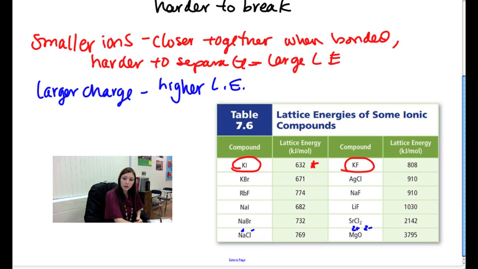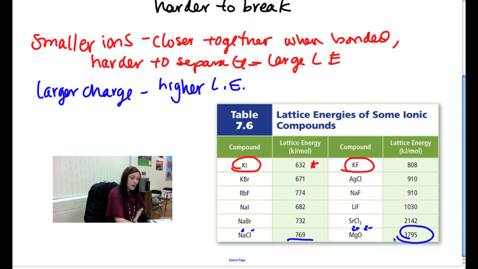So MgO is much harder to separate than NaCl. I have to put in almost 3,800 kilojoules, joules being the unit of energy, to separate MgO, whereas for NaCl, I only have to put in 769 kilojoules of energy to separate it apart. So higher charges take more energy to separate. They're usually smaller in size as well.